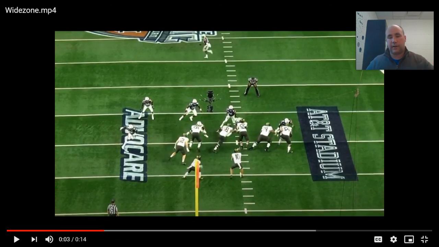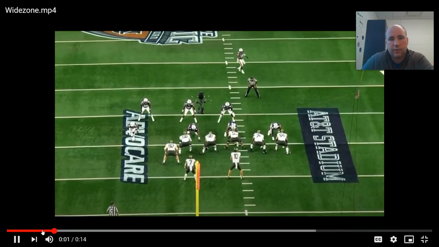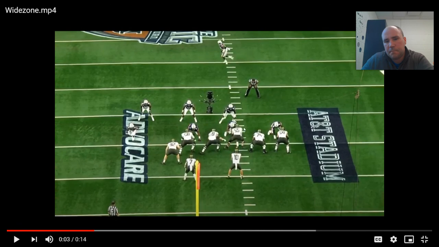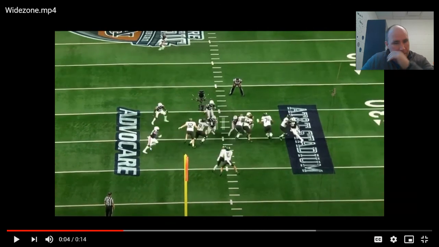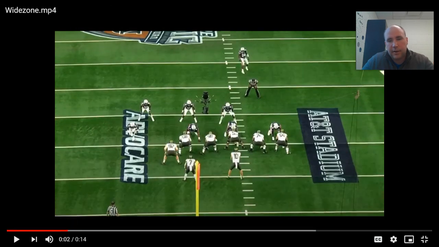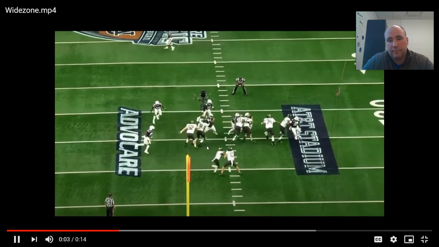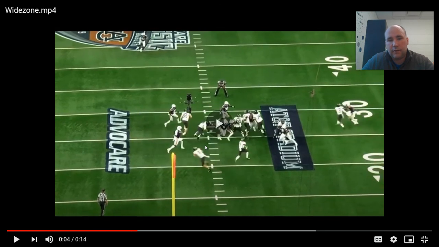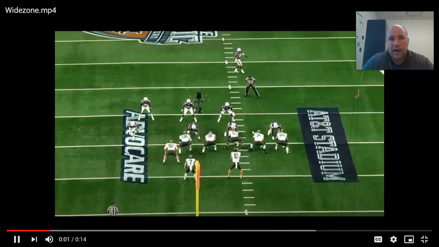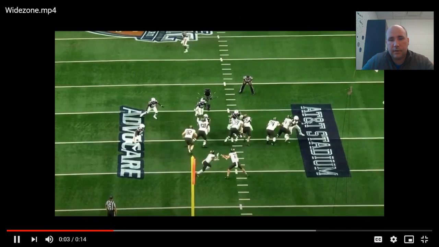Now, if you want to draw up a million combos and calls and things, be my guest. It works that way too, but I think you can do it this way. The center, he's stepping to reach this nose, but he would have gotten some kind of communication from this backside tackle saying, "Hey, I'm with you," right? So when that nose is hanging back on him, he's kind of holding the center. We get a big mass of bodies there, which is really good, right?